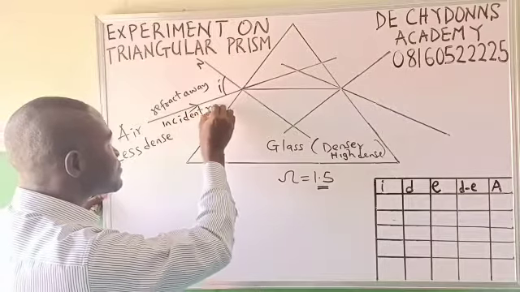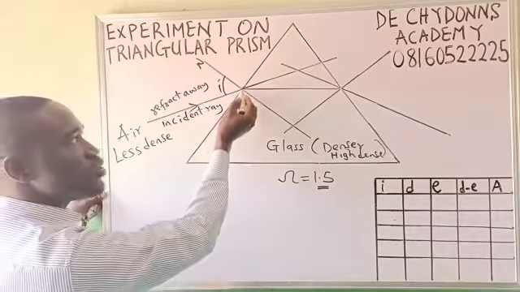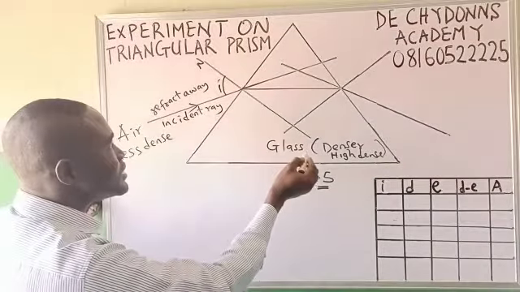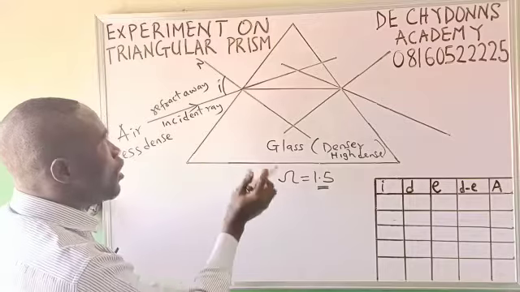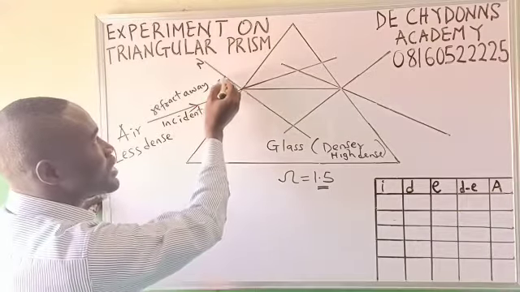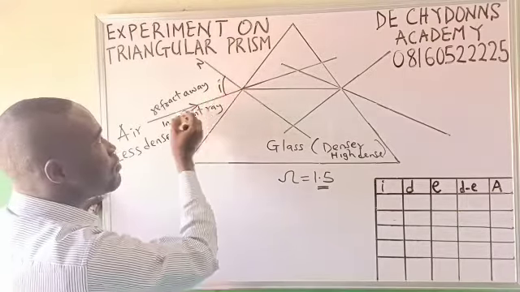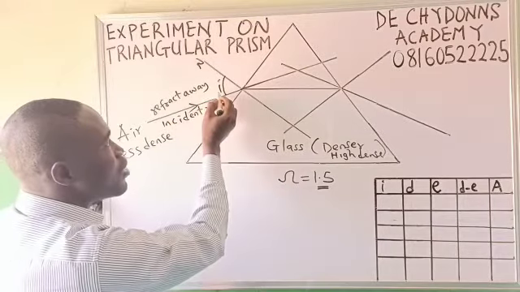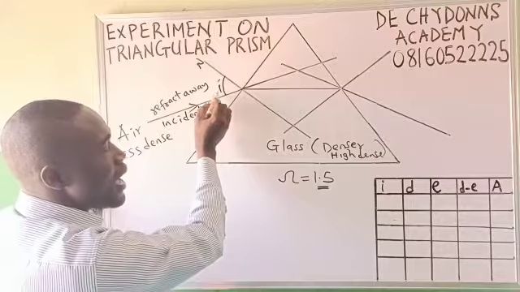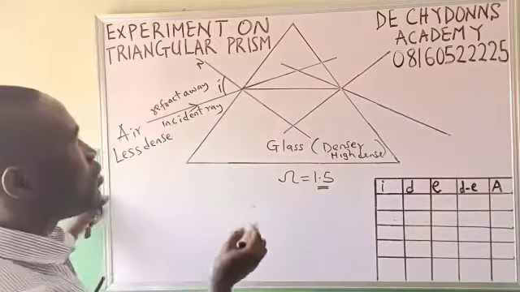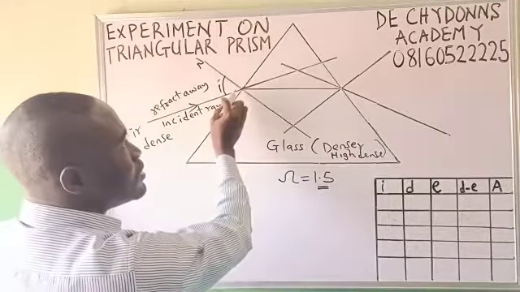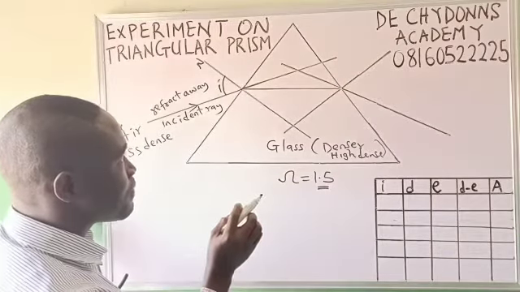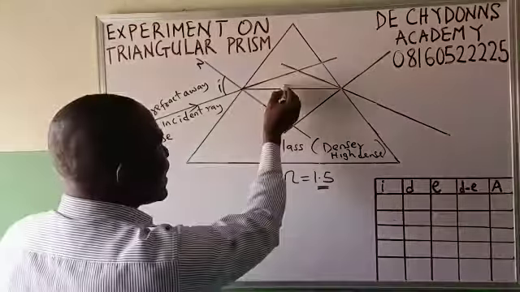When it gets to the boundary between the less dense medium and the denser medium, there will be an angle formed between the light ray and the normal, and we call that angle the incident angle I.